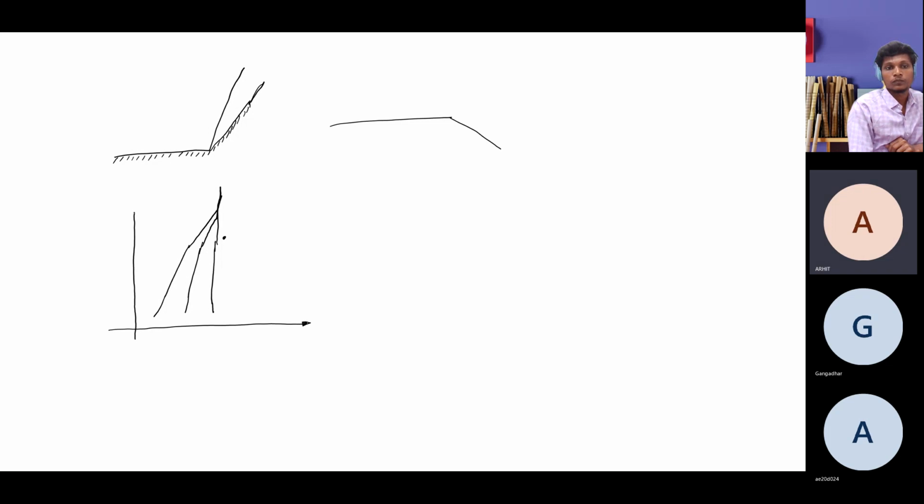And in case of expansion fan, if we draw the graph, I draw the graph in case of expansion waves. So if we now draw these lines backward and try to imagine it from a point, is it possible?